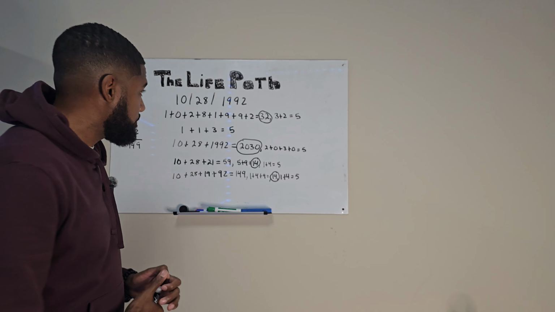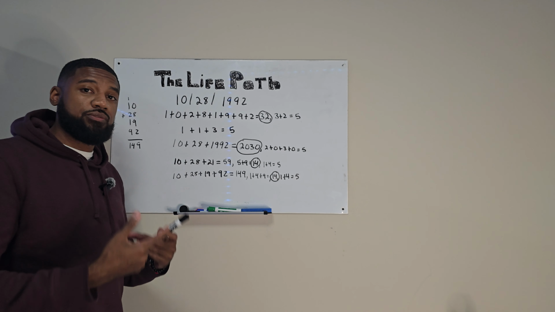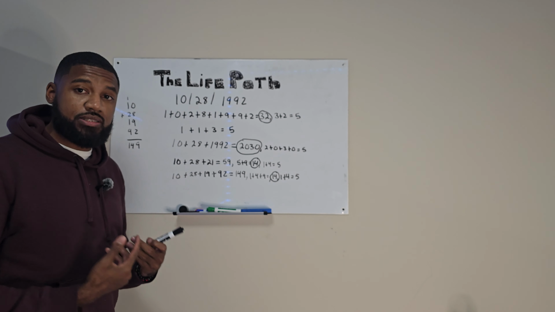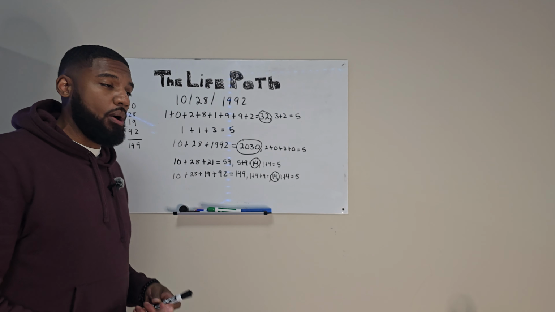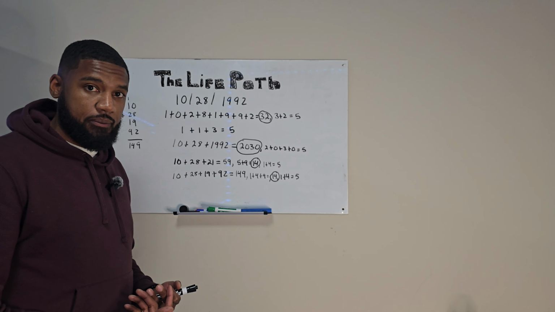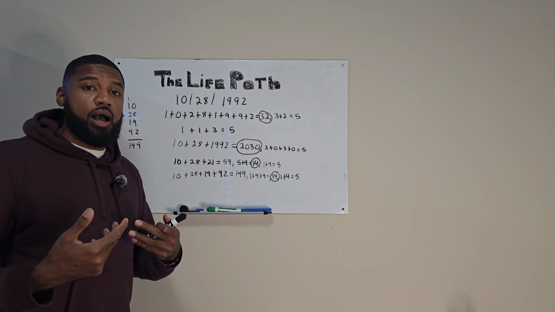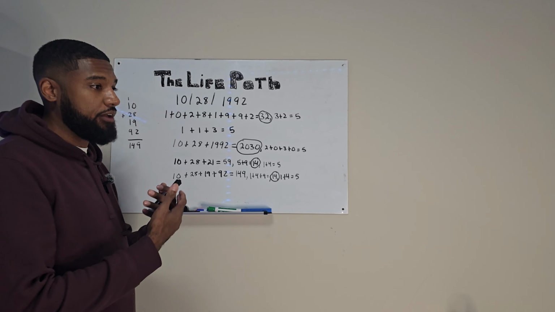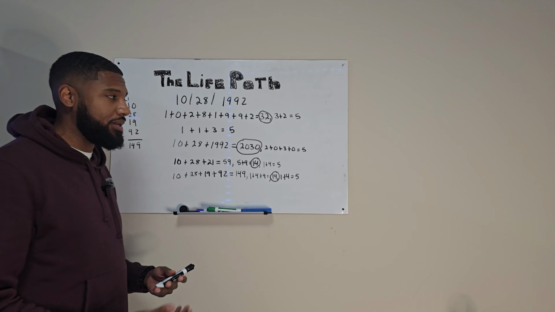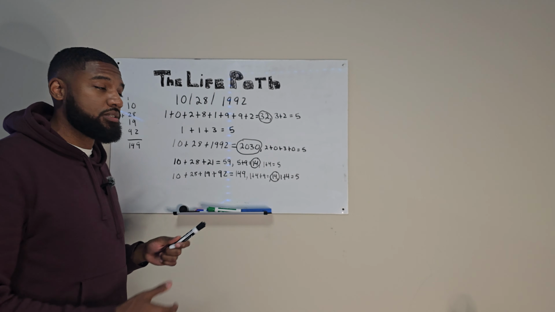Now, in this tutorial, I'm going to show you all of the different ways that I use to calculate the life path number. I know everyone doesn't use these ways, but as a numerologist, whenever I'm doing a numerology reading, a numerology chart, or a numerology report for someone, I use all of the different calculations.